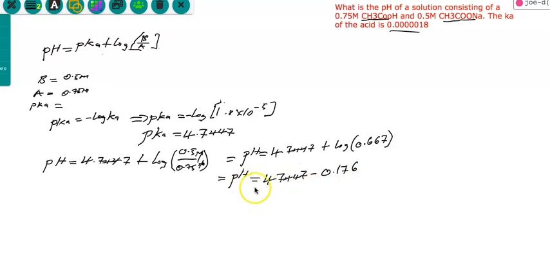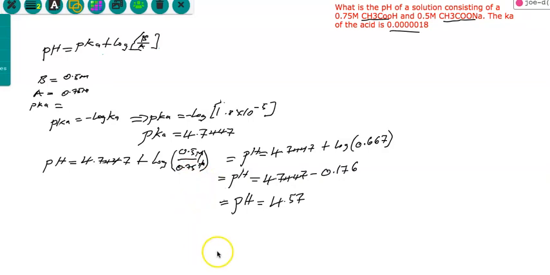Now our pH will work out to be 4.57. So that's how you can use the Henderson-Hasselbalch equation to work out the pH.